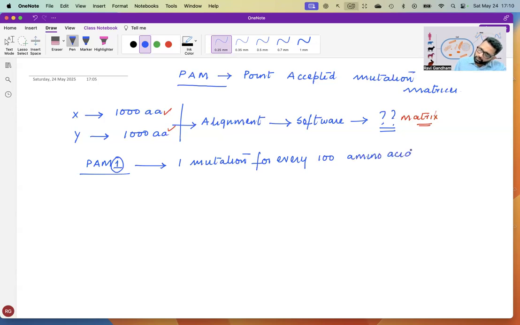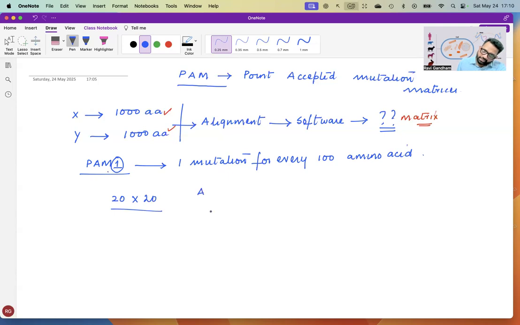Now, for us to best understand this, the moment you tell the software it's PAM 1, what the software has to do is construct a 20 by 20 matrix.